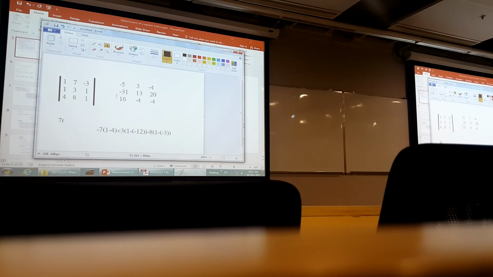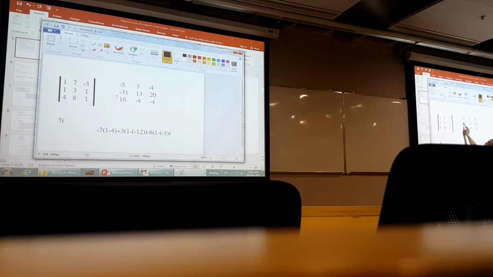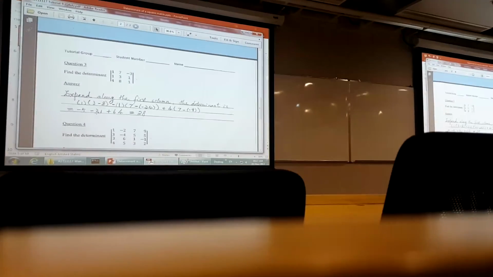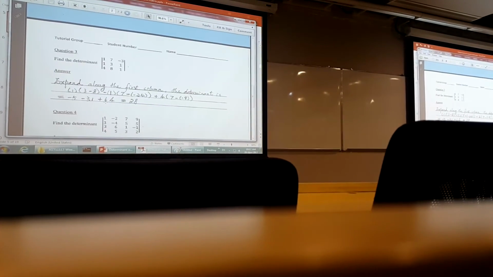Therefore, now, by using the first column, minus 5 plus minus 31, and then plus 4 times 16, which is the original one that I did here. Minus 5 minus 31 plus 64.